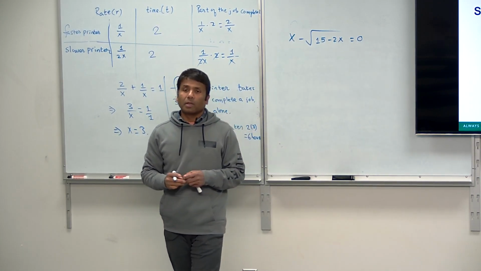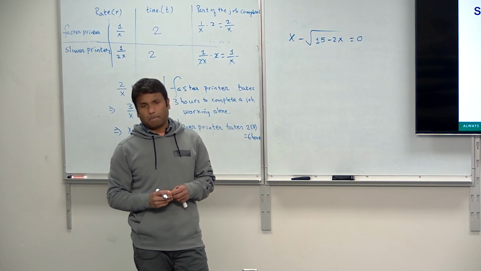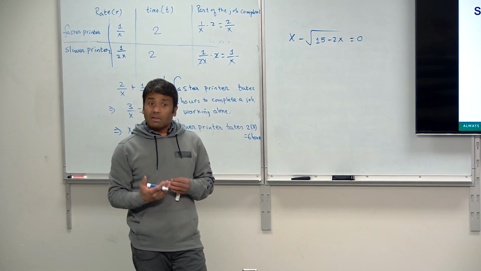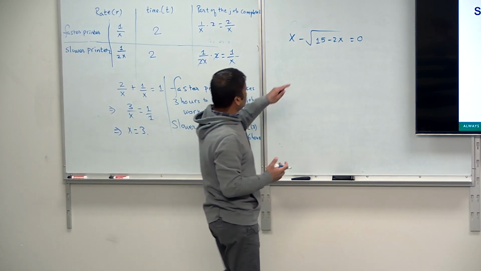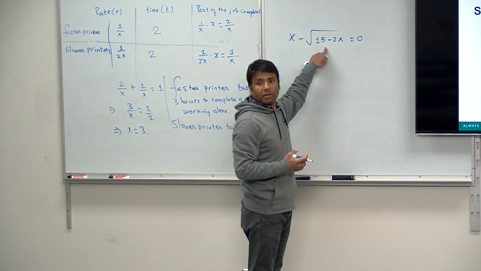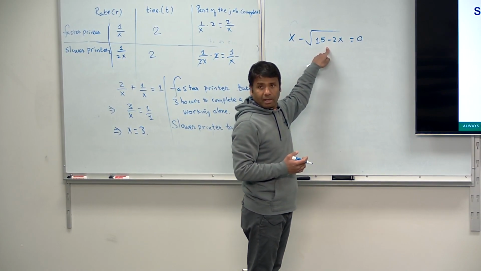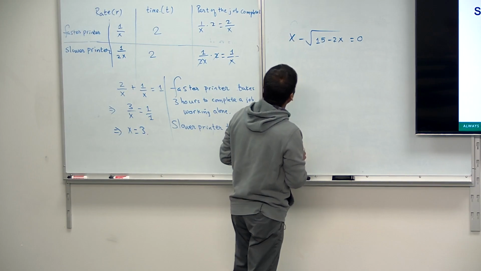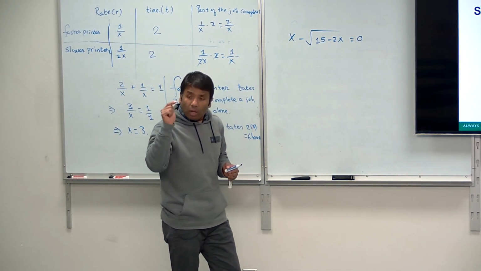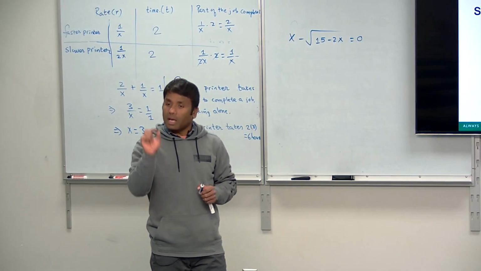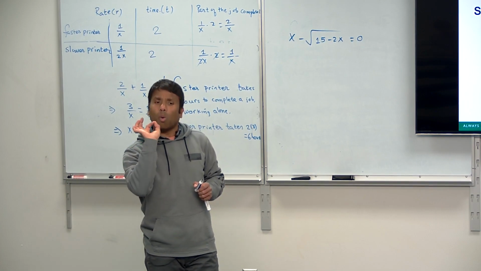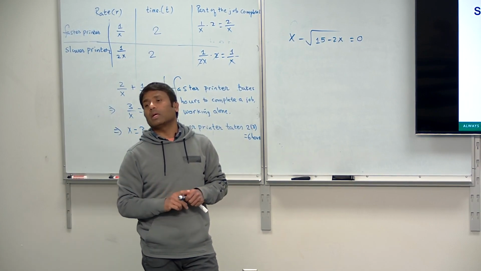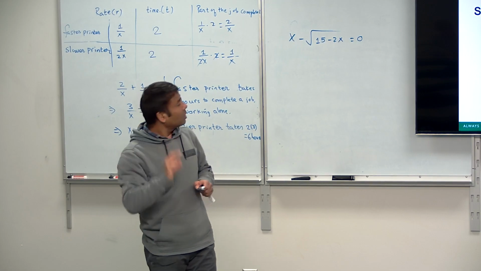So this is a radical equation. Why? Because this equation contains a radical term. Is that right? And then what is the first step? You isolate the radical term on one side of the equation. That makes sense?